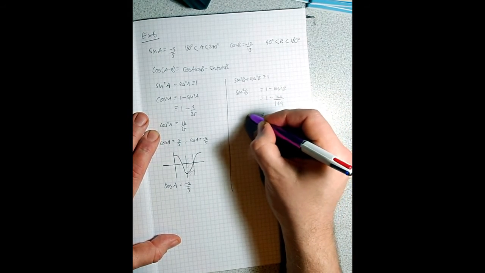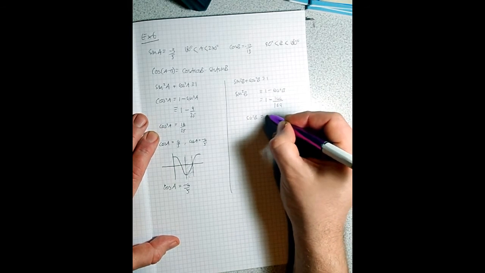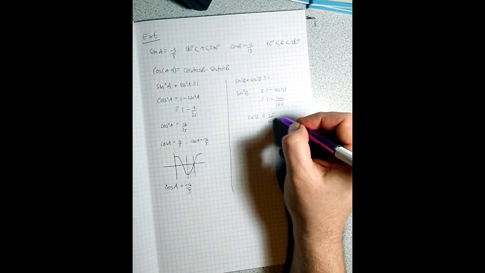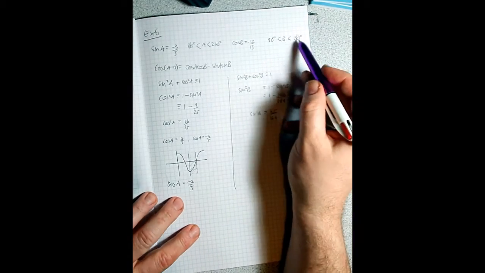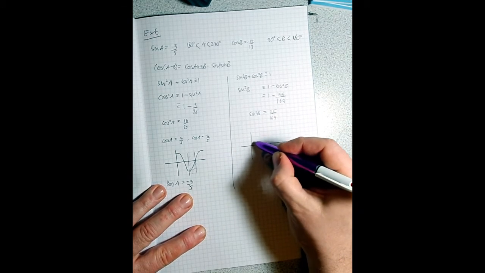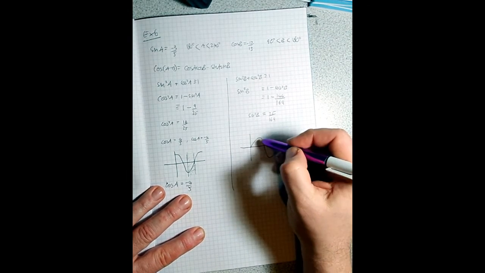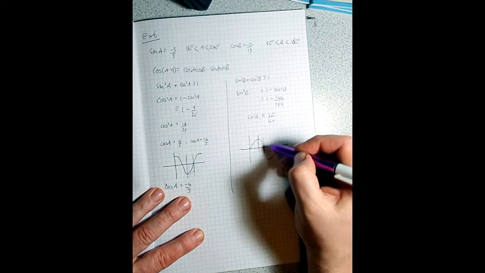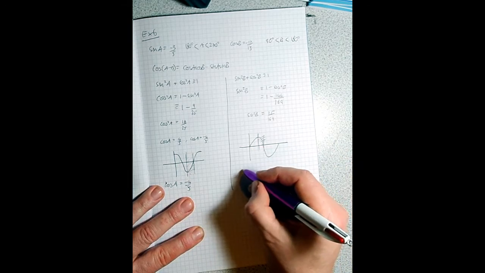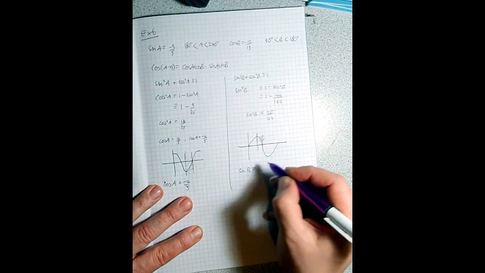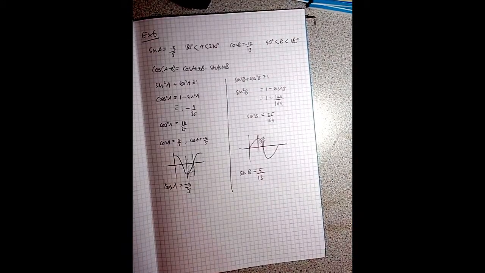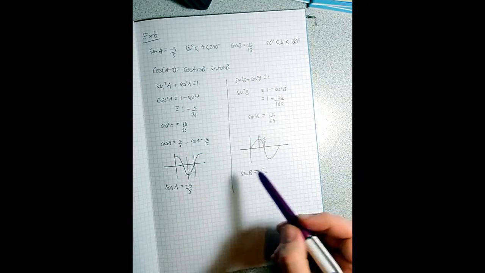So sine squared B is 25 over 169. B is between 90 and 180, so let's have a look at a sine graph. There's my sine graph, 90, 180. So sine B must be positive. So sine B must be the positive root, 5/13.